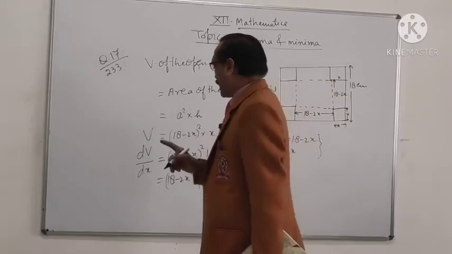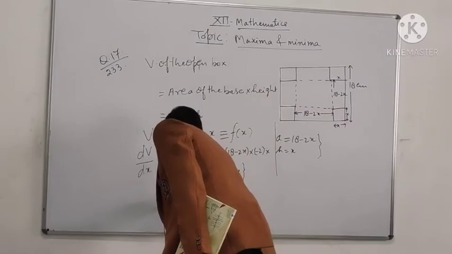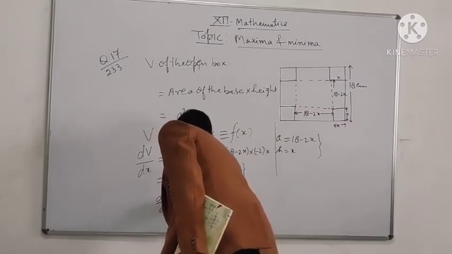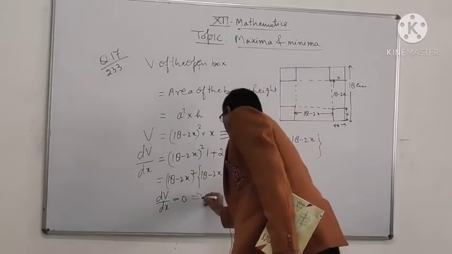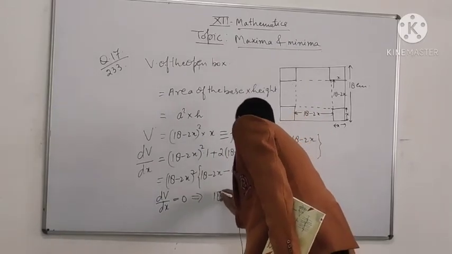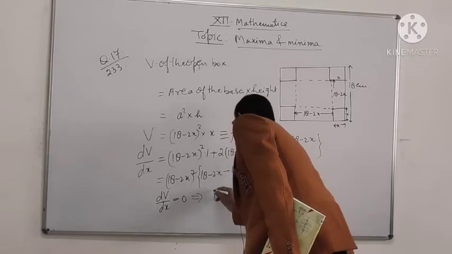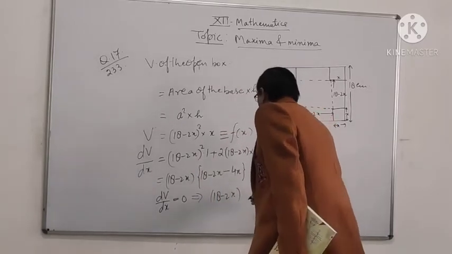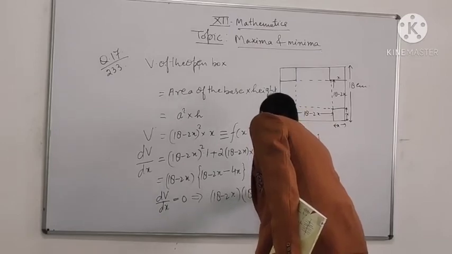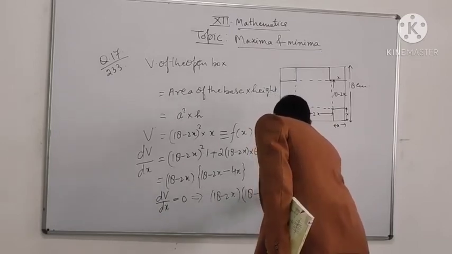For the maxima and minima, first order derivative is 0. Therefore, dV over dx equal to 0. This gives you 18 minus 2x, only 18 minus 2x is common, into 18 minus 6x equal to 0.